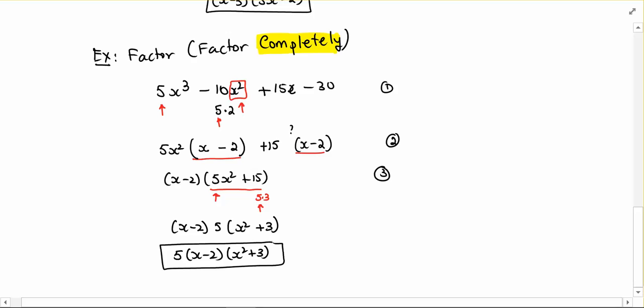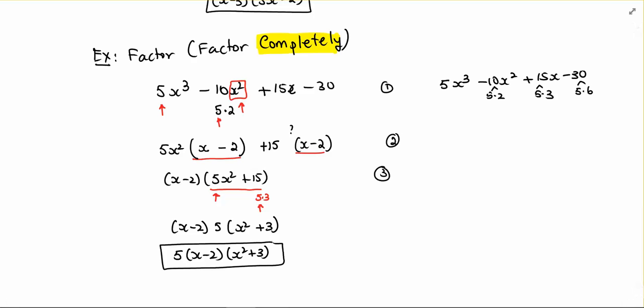Now this is one way to do that problem. There's another way to do that problem, and that is to look for the overall GCF right up front. And so let me do that problem over here, side by side. So over here I look for an overall GCF, and I notice that this is 5 times 2, this is 5 times 3, that is 5 times 6.